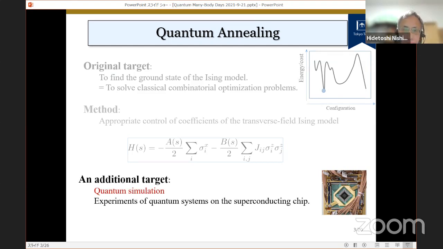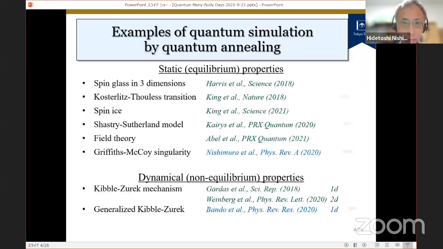Since we have a real chip composed of superconducting qubits produced by D-Wave Systems, we can run experiments of quantum systems represented by the transverse field Ising model, and see how the theory developed for this system is realized on the chip. So this is a real experiment. And I will focus on this latter aspect of quantum annealing.